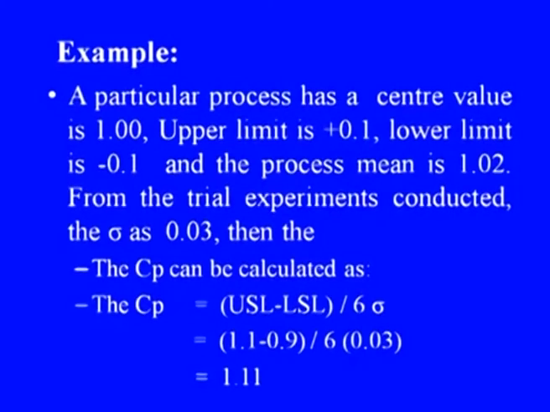From the trial experiments conducted, the sigma is obtained to be 0.03. Then the Cp can be calculated as Cp equal to upper specification limit minus lower specification limit divided by 6 sigma, which comes out to be 1.11.